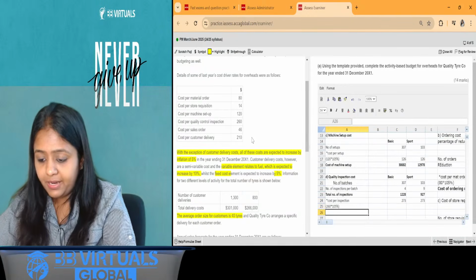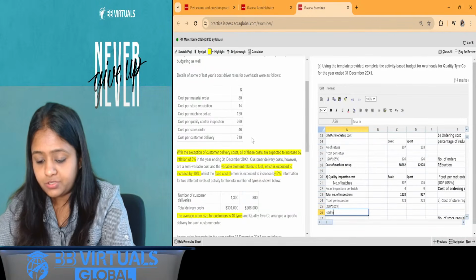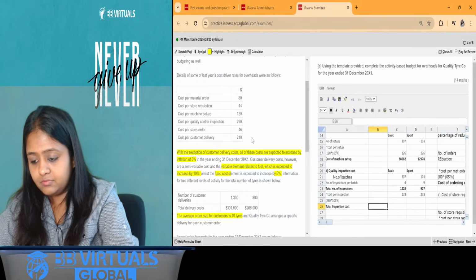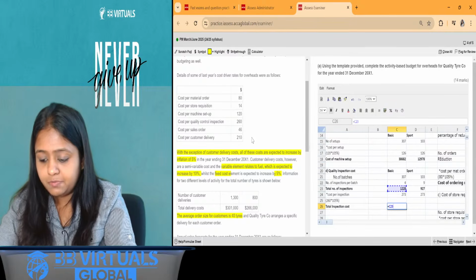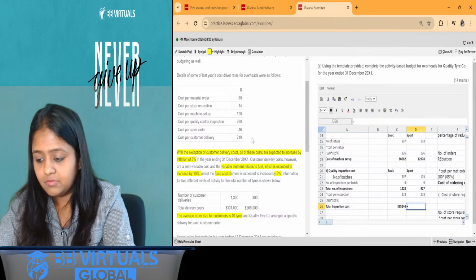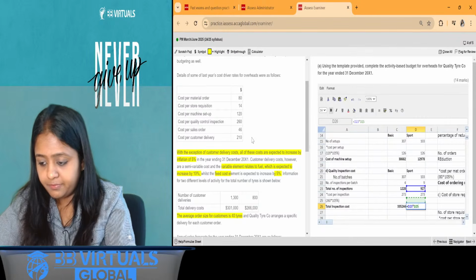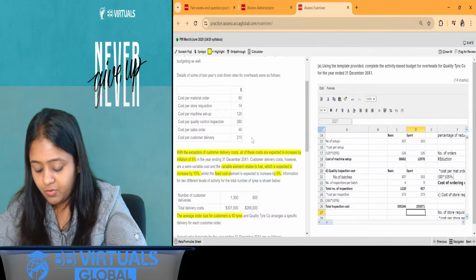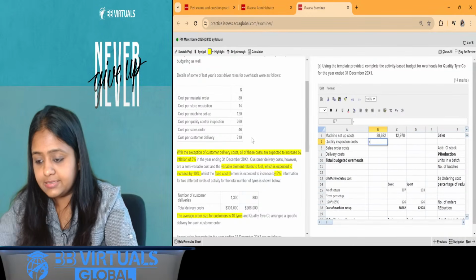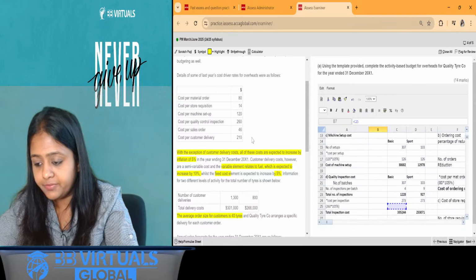Now just multiply it and get the total inspection cost. Right? So that will be this multiplied by 273 and this multiplied by 273. Okay, any questions? If you have, you can ask. I will just link this. Now we just have 2 costs remaining.